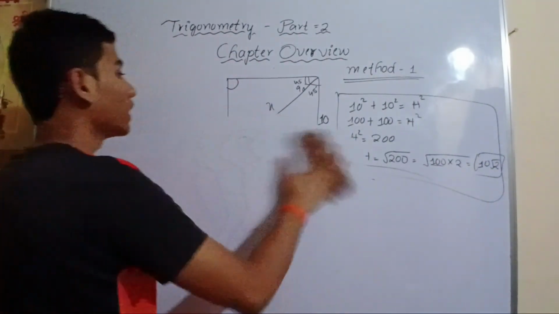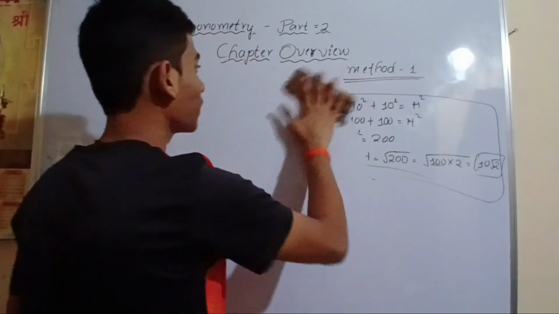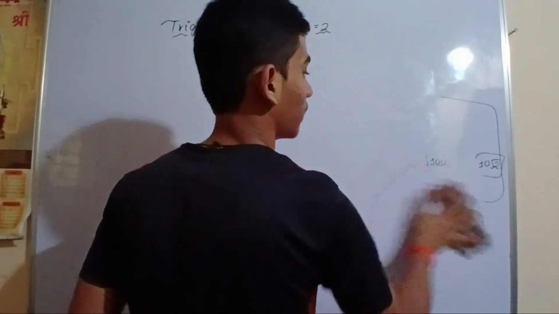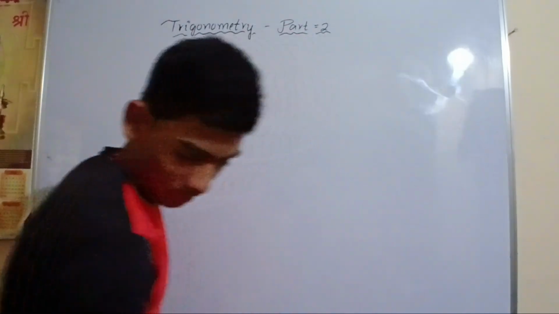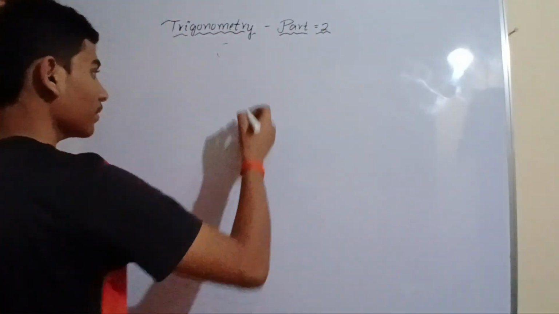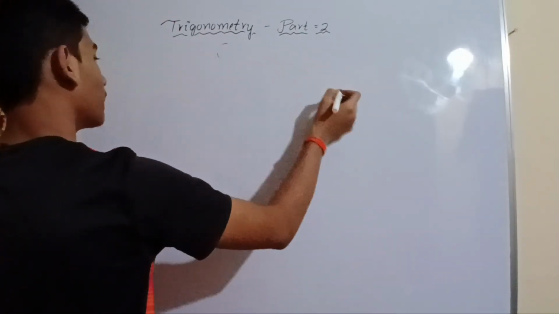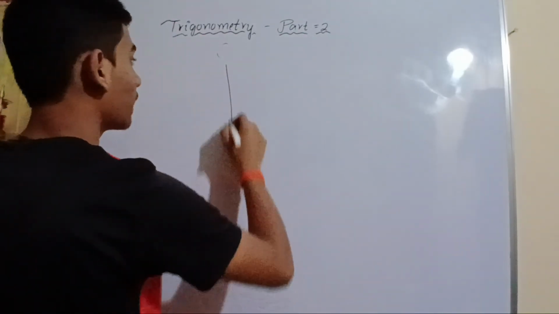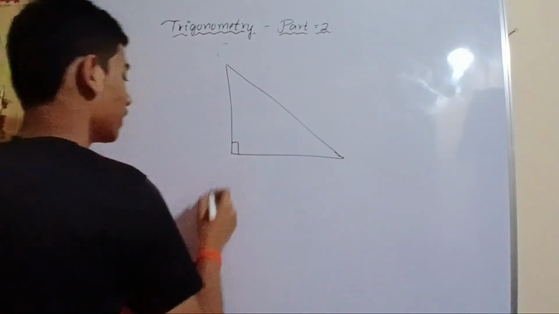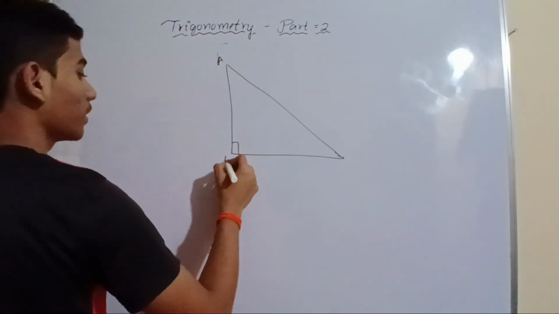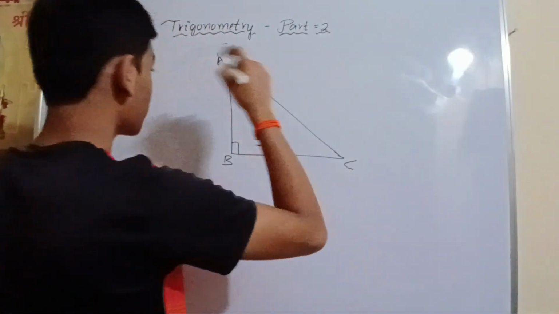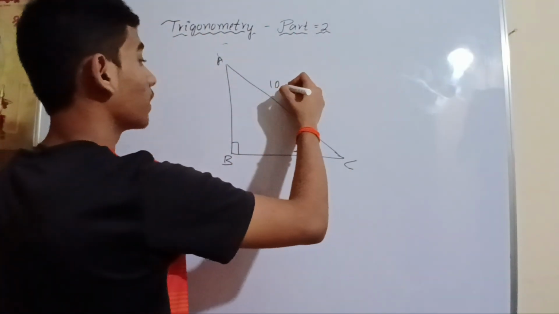Now I am giving you a home task to complete. I hope that you will complete the home task and comment it in the comment section. Let's take a right angle triangle A, B, C, and let's give this 10 by root 3.